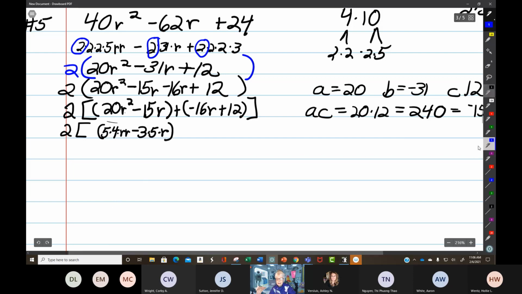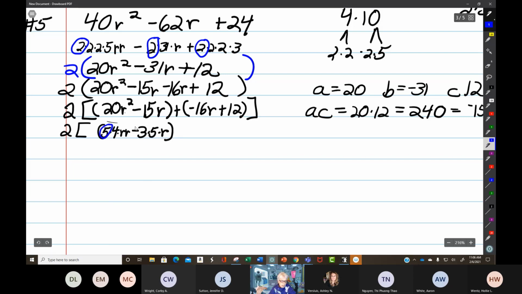Okay, both of these terms have a 5 and have an r, and a 5 and an r. So 5r is going to be my GCF. Let me come down one more row.